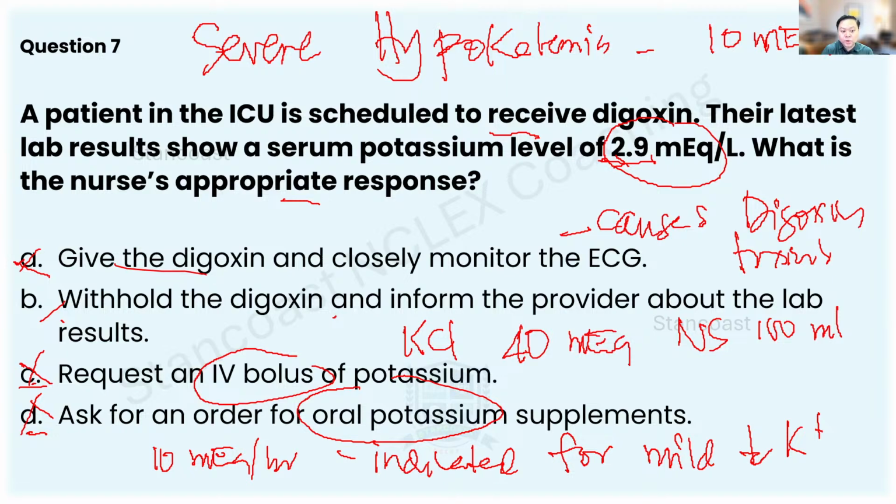What would be the hourly rate per mL? So what you're going to do here is, since we have 40 milliequivalents per 100 mL of saline, you're going to have to calculate that. What would that be? You're going to have to divide the 100 by 4, right? So let's take a look at that one.